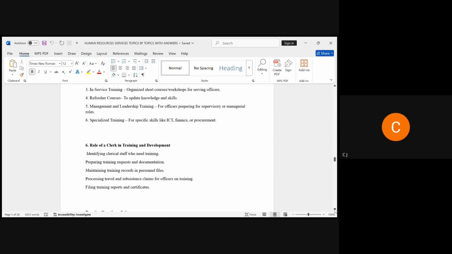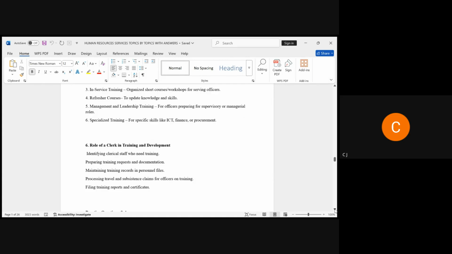For example, maybe you have gotten the chance to go for training. There are some allowances that you are supposed to have, for example, when you are traveling, and also your daily allowances. So the clerk processes them, and you are able to get whatever you're supposed to get through his help and the accounts office.